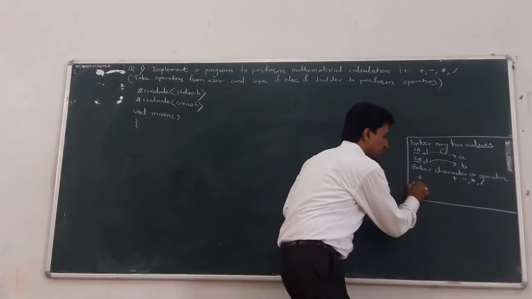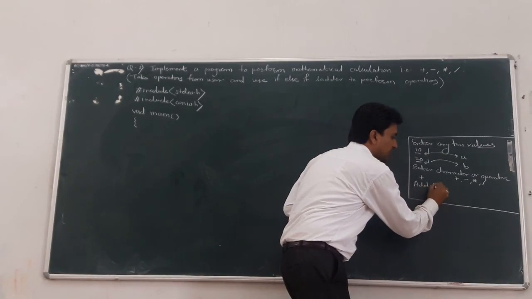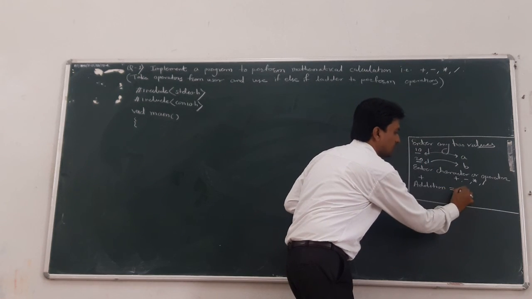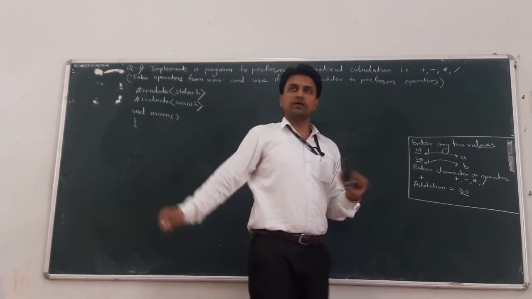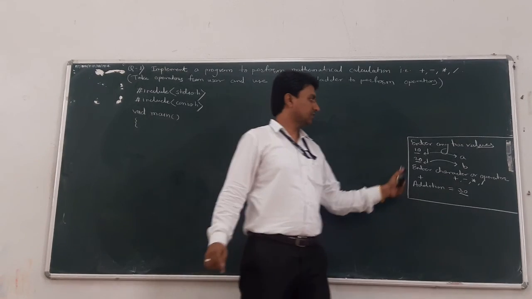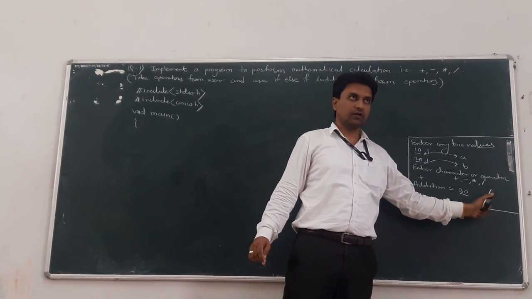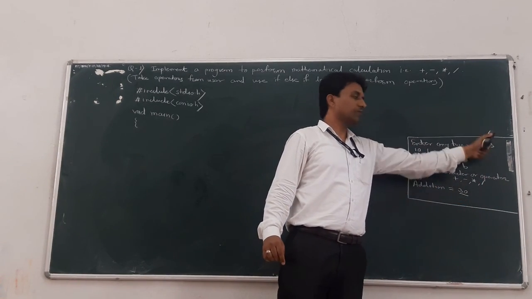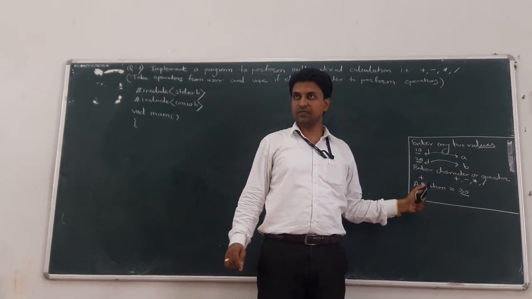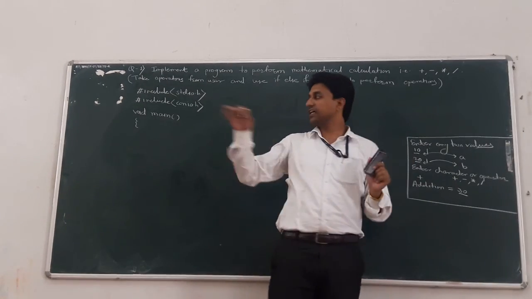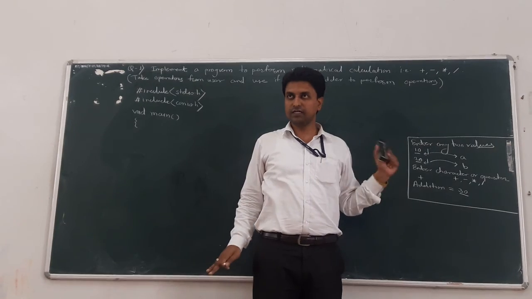And what is the message? Addition is equal to 30. Understood? This is the message. This is our output screen, or the text mode window looks like this. As per this output we can write the code. Understood?